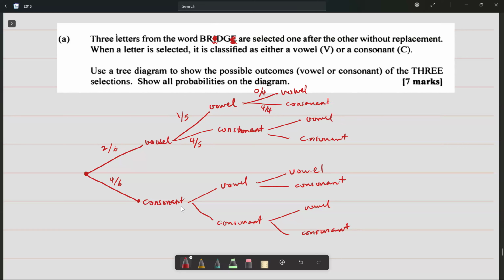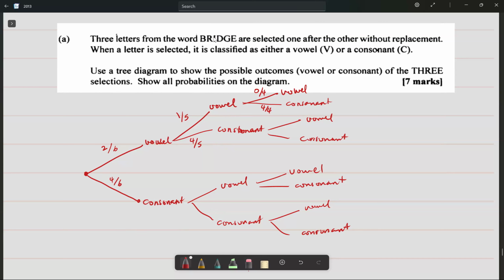In the case that we only picked 1 vowel, and then we travel along a vowel and then a consonant, we're going to realize that we still have 1 vowel remaining and consonants remaining.